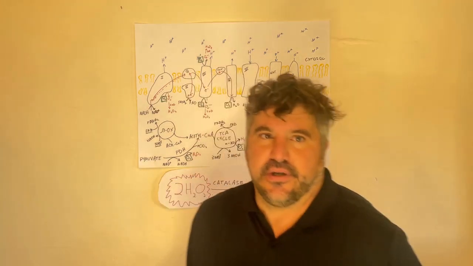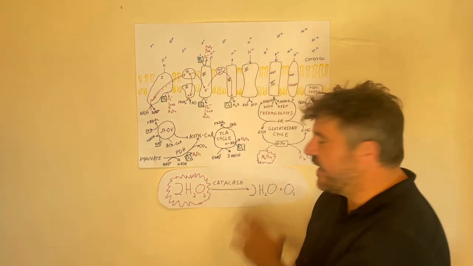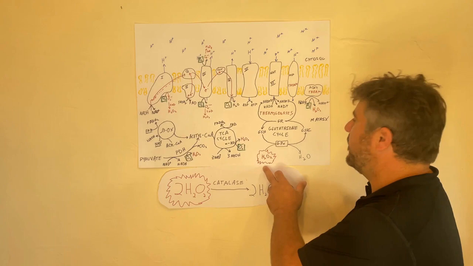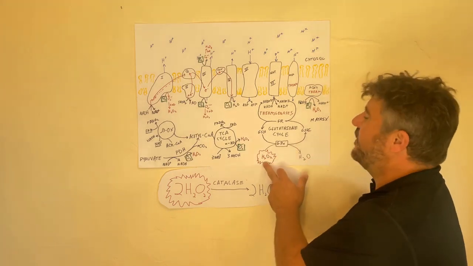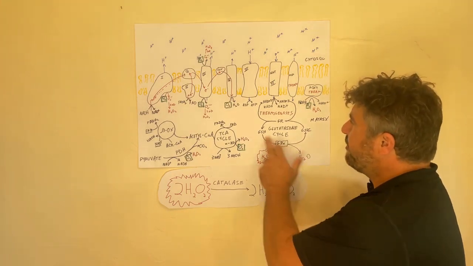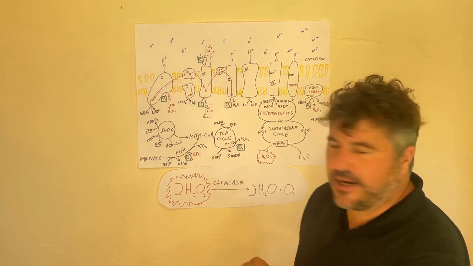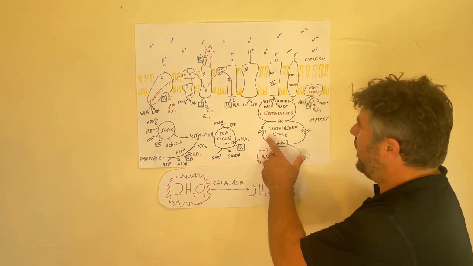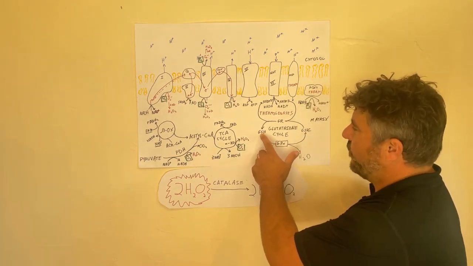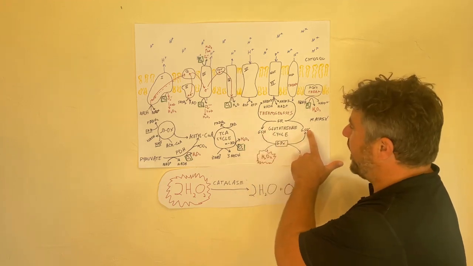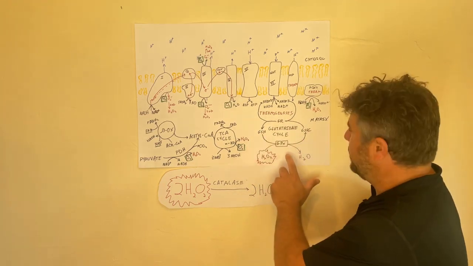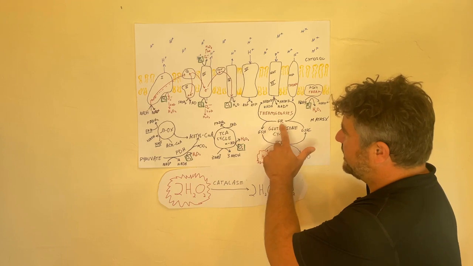The other alternative is you can get rid of hydrogen peroxide using something called glutathione. Glutathione also converts hydrogen peroxide to water, but it has a much more complicated mechanism. It cycles back and forth between reduced and oxidized glutathione. It uses two enzymes called glutathione peroxidase and glutathione reductase.